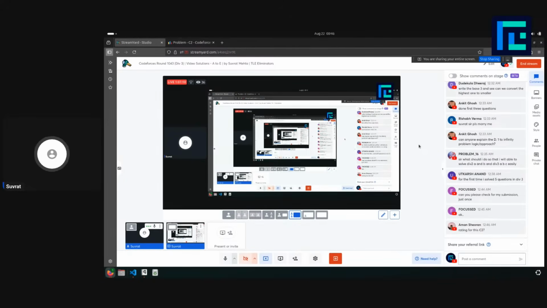Rating for this C2, I think 1300, or 1200. It might be more, since it is maths, it can go maximum of 1500. I don't think more than that.